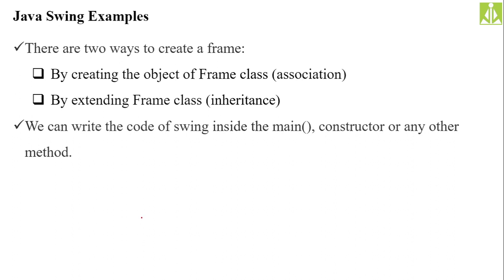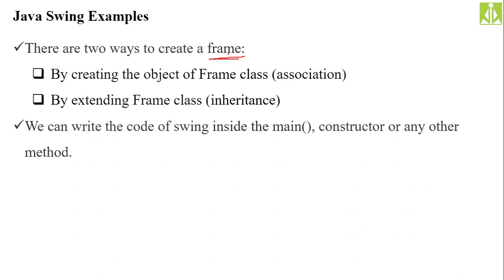There are two ways in which we can create a frame. Whenever we are developing an AWT application or a Swing application, we first create the containers, because without a container, where would you put all your components?